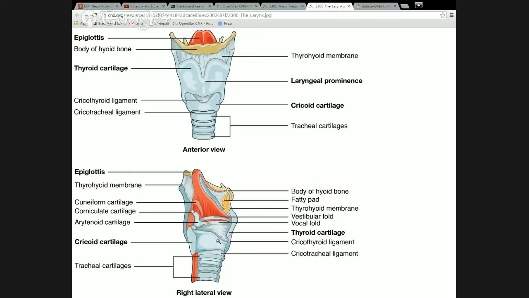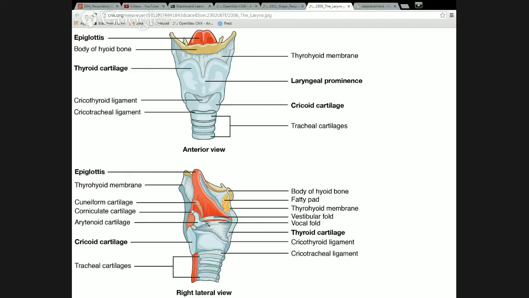But sitting on top of that are these two pieces of cartilage, which are pointed out here, called the arytenoid cartilage. They actually do have a little piece of cartilage at the tip, which I'm not going to say by name because I don't care that you know that. But the arytenoid cartilage can actually pivot back and forth, which this model shows a little bit.